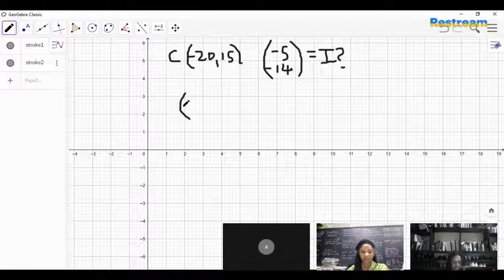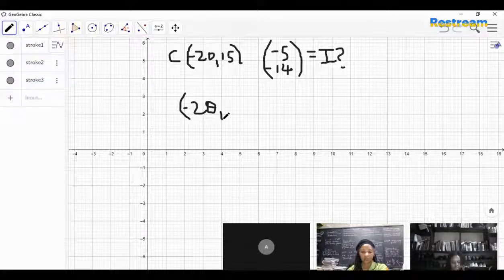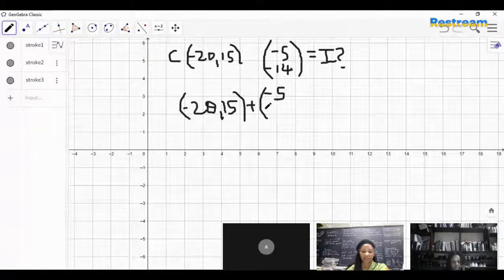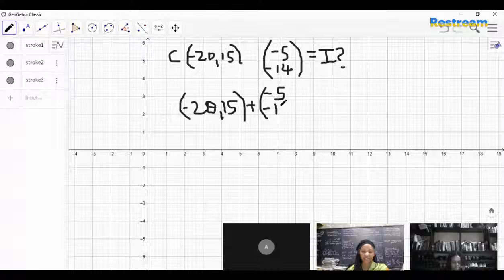Okay. Miss, what's the C again? That's a point. So the point should be -20, 15 plus -5, 14. I remember, how do we write the vector? You put it in brackets, vertically, right? The translation vector is vertical.